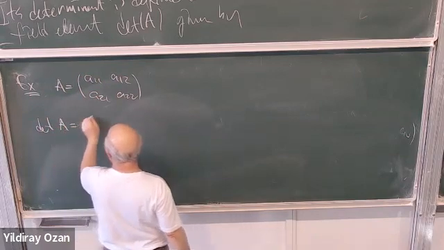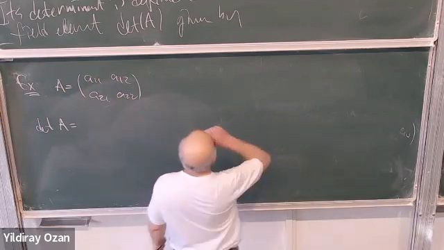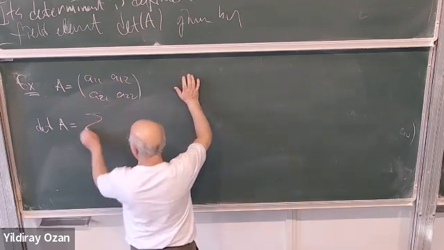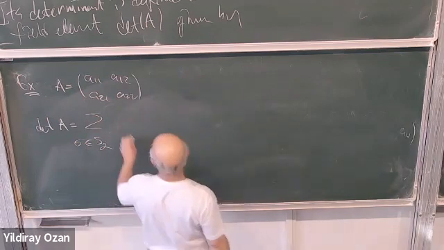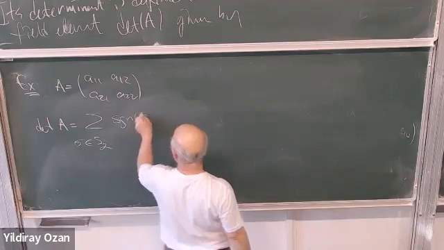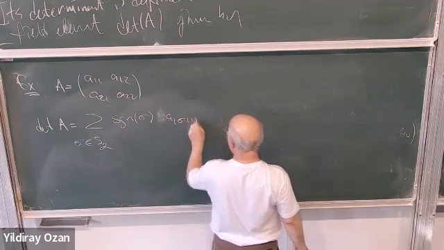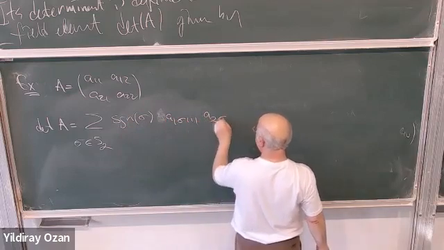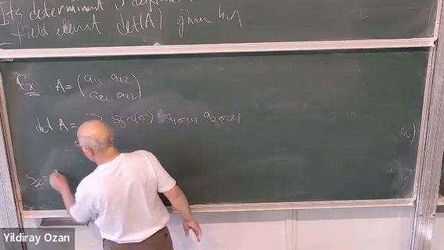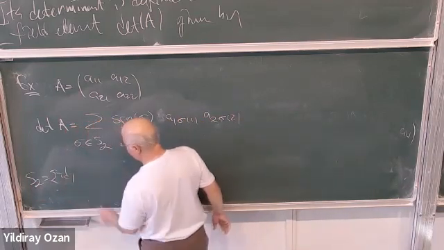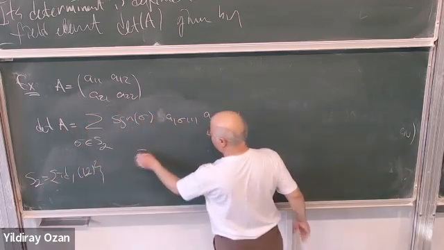It is the sum over S2 of the sign of sigma times A_{1,sigma(1)} A_{2,sigma(2)}. Well, S2 has 2 elements. One of them is the identity permutation, and the other one is just (1 2). So there are only 2 terms.